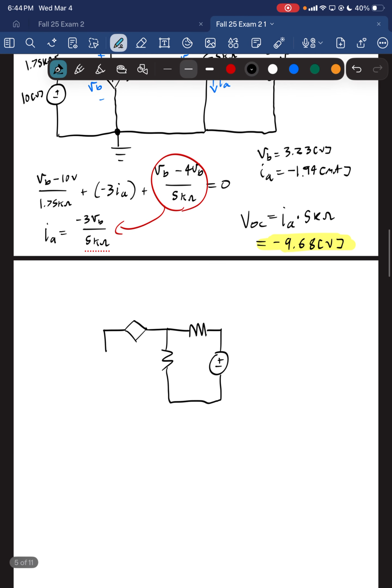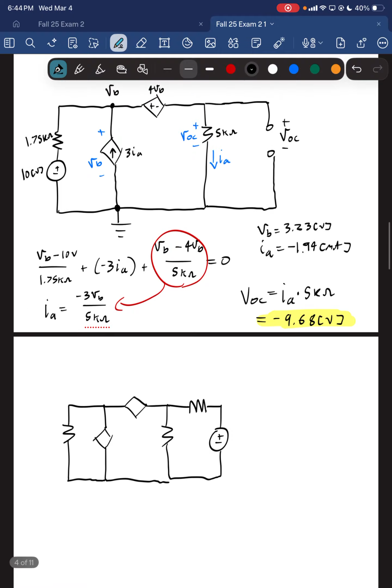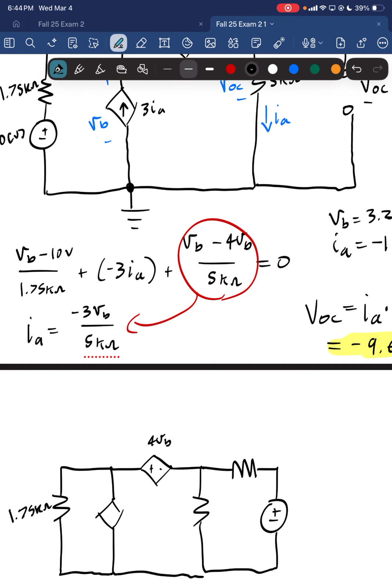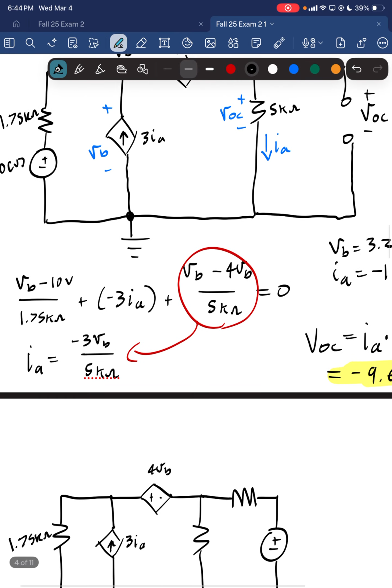Correct, yes. Now you need to bring that resistor back into things. And remember, with test source, we're going to short out all voltage sources and open all current sources, but there's no current sources. But that 10 volt voltage source from our device model is now going to be shorted. That's 4 VB, 3 IA, 5 kilo ohms.